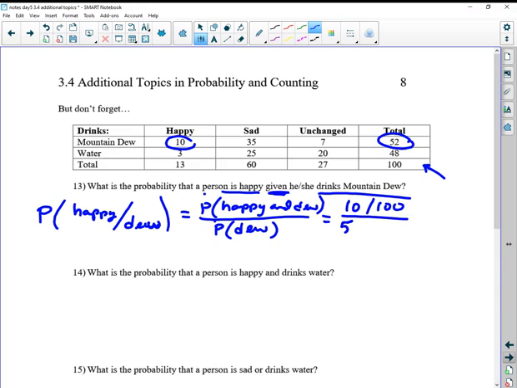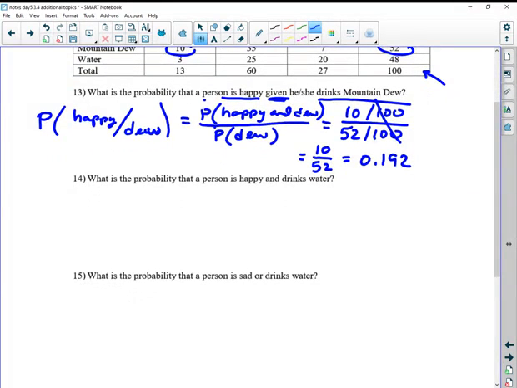There are 52 of them still out of everybody, but those hundreds are going to cancel. So I get 10 out of 52, which is about 0.192.